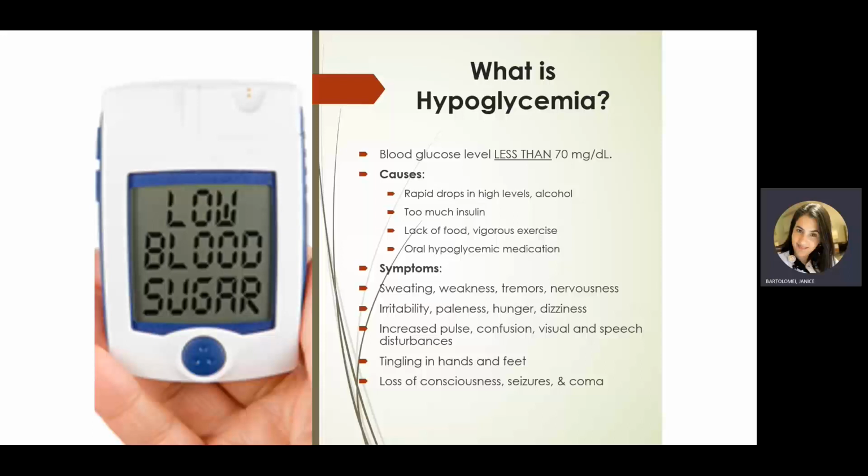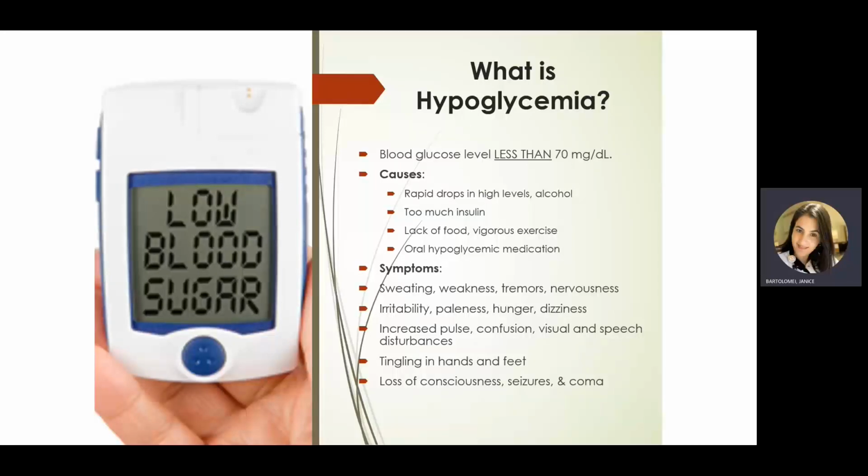Versus you could also have somebody at a glucose level of 50 or 40, and you think, oh wow, they're possibly going to be showing symptoms, and they're talking to you like nothing. So you can have those two cases.